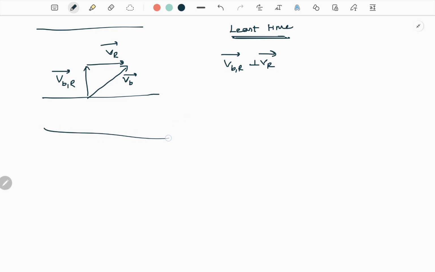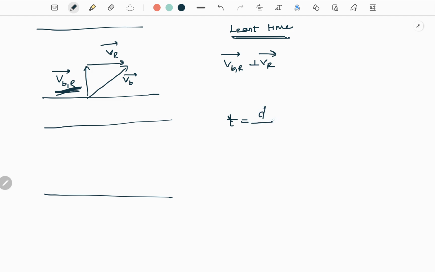One is something called the drift, and the other is the time taken to cross the river. Just 1 minute, let me explain things clearly. It would basically go in this particular path. If it starts at point A on this bank, it would reach the other bank at point B. So this is the actual total displacement.